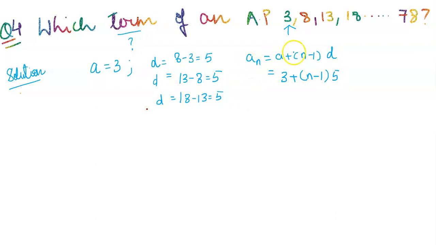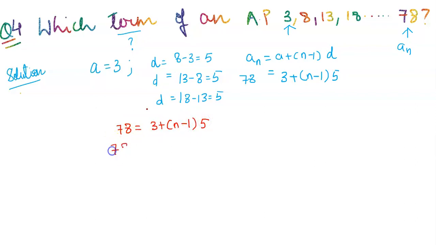And what is An? This is An, the last term, which is given to us, which is 78. So I'm writing this equation. Let me change the ink so it will be easy for you to differentiate. I'll take red ink. So 78 is equal to A plus (n minus 1) into D.